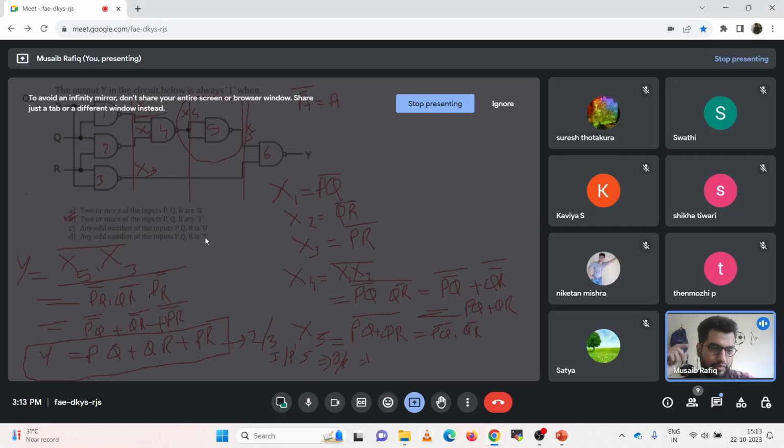Do you know which gate this is? We have a name for this type of gate. The whole circuit that is shown, where two or more inputs should be 1 for the output to be 1, we associate a name to this.